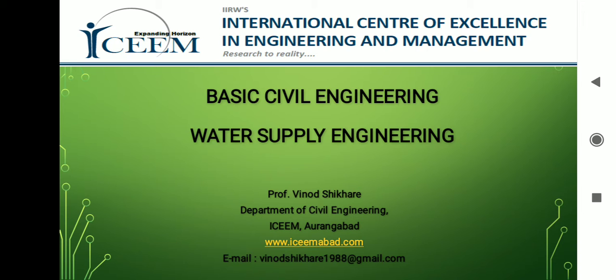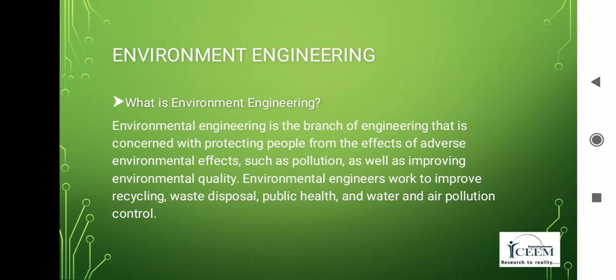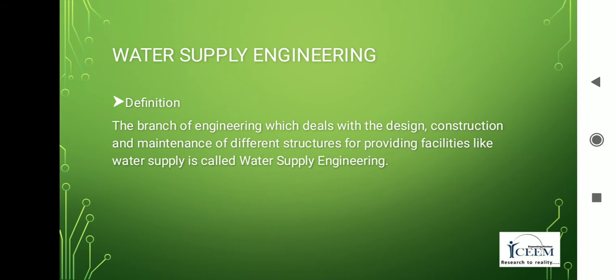In last lecture, we saw water supply engineering, the definition of environmental engineering, the definition of water supply engineering, in which the branch of civil engineering which deals with the design, construction, and maintenance of different structures for providing facilities like water supply is called water supply engineering.